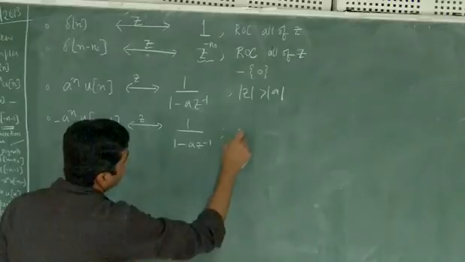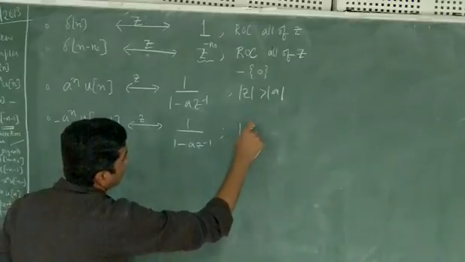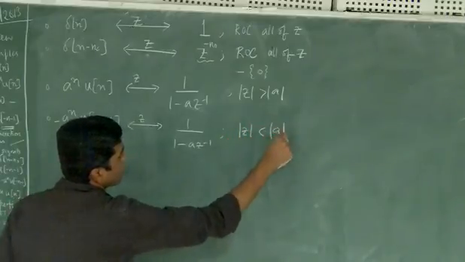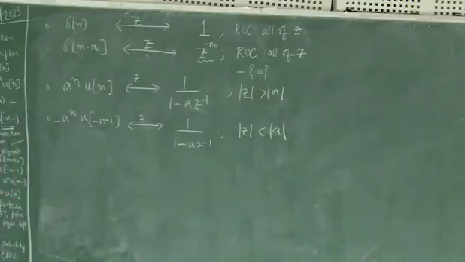And what's the ROC here? And we've derived this already previously, right? Okay. So now let's look at this sequence here.